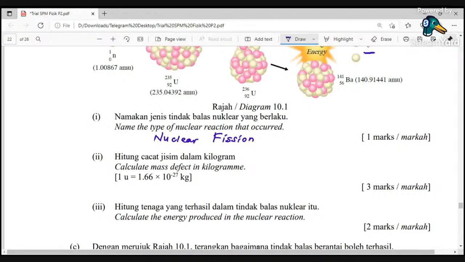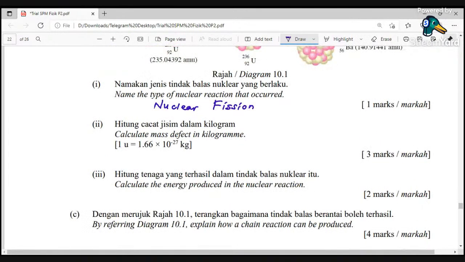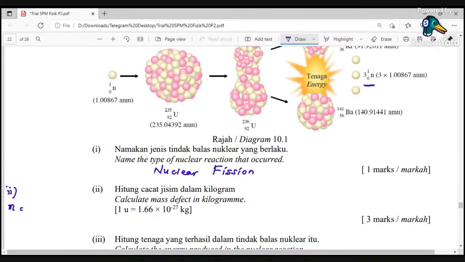Calculate mass defect in kilogram. Calculate energy produced in nuclear reaction. Okay, I will write here the answer. So to calculate the mass defect, you calculate the mass before and mass after. Given already the mass in u. So what you do, you just total up mass before fission and mass after fission.